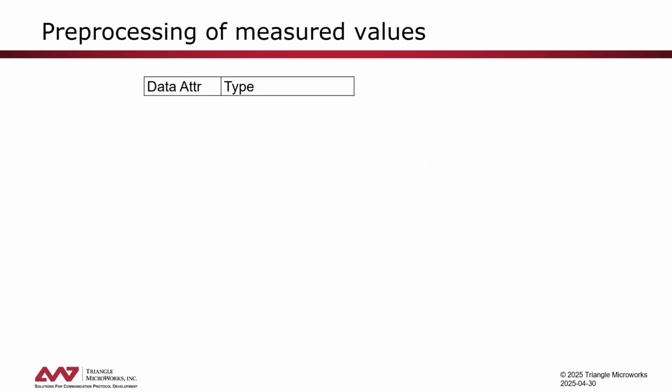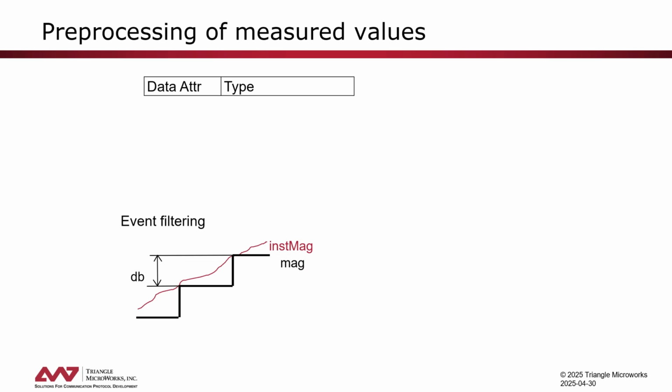The second aspect of analog values is how to communicate analog information when we do it event-driven. We know that concept already from SCADA systems, what we call deadbanding. 61850 also supports the same mechanism. So basically, we have our analog value, and instead of sending an event-driven message to the receiver each time we have a little change, we do a deadbanding.